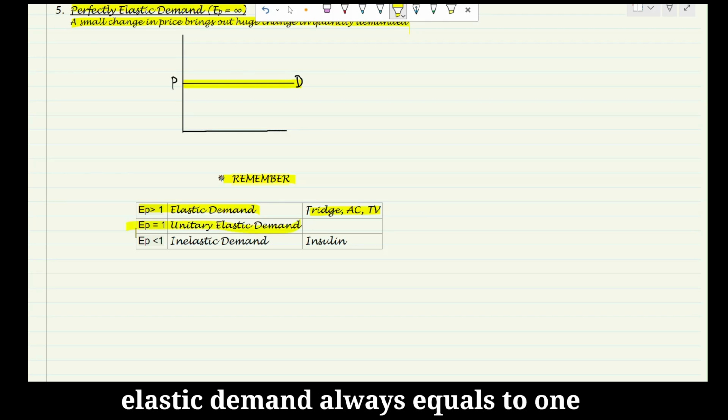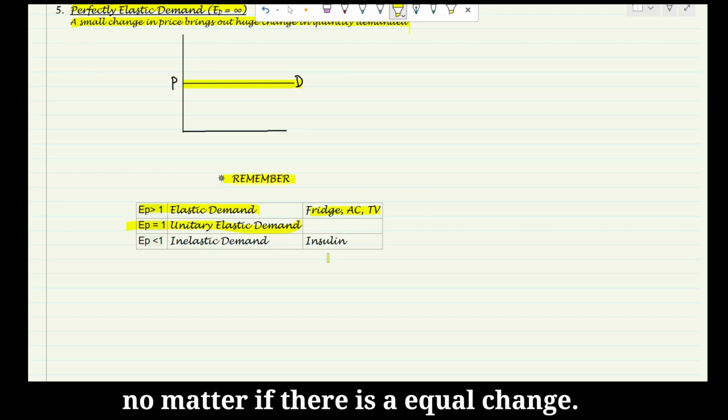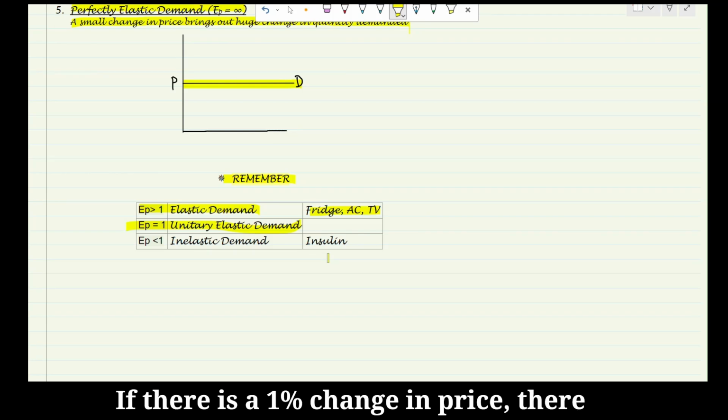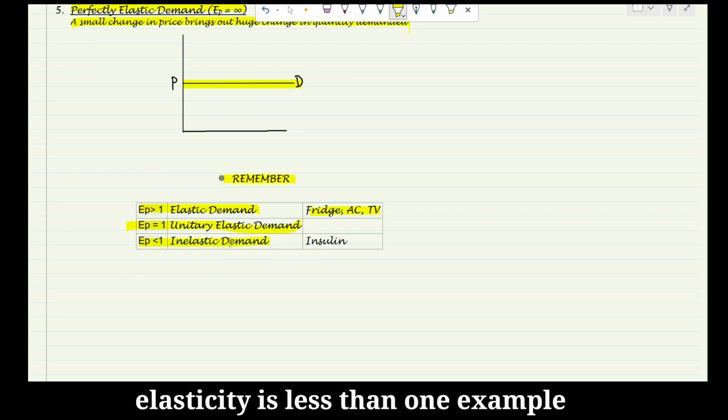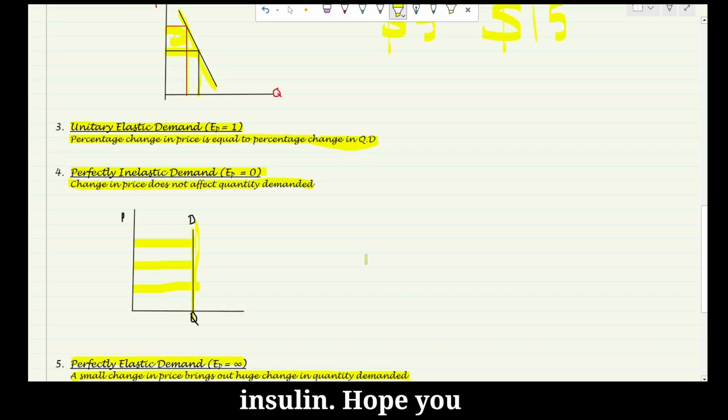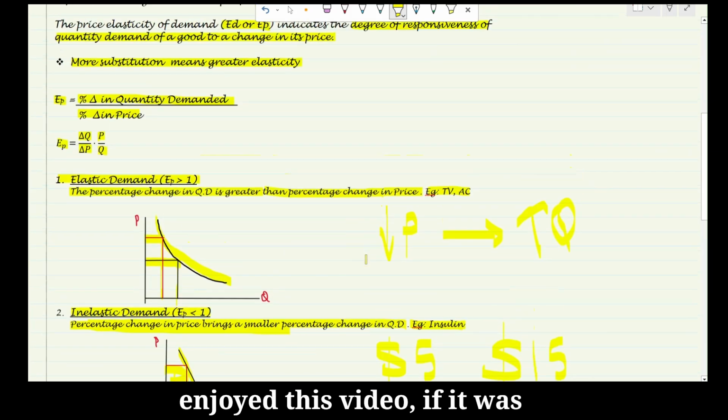Unitary elastic demand always equals 1. If there is a 1% change in price, there will be a 1% change in quantity demanded as well. Inelastic demand, price elasticity is less than 1. Example, insulin.